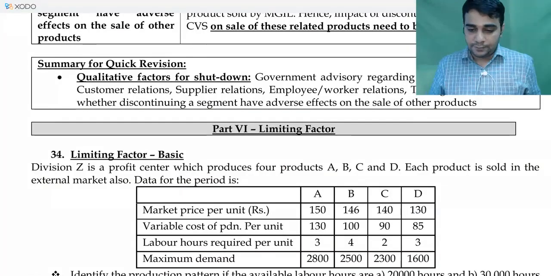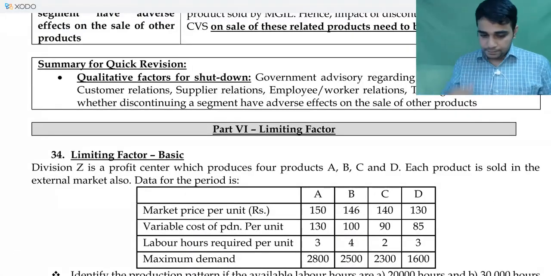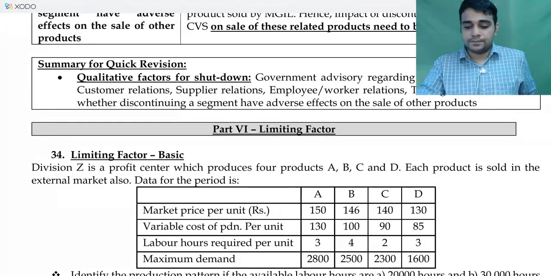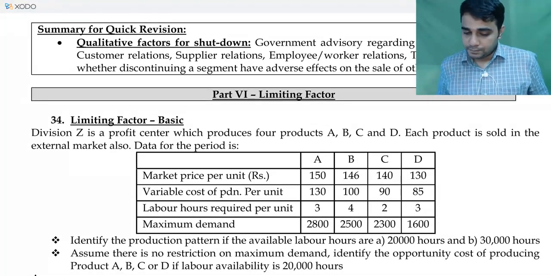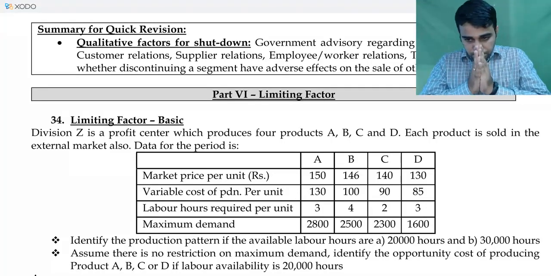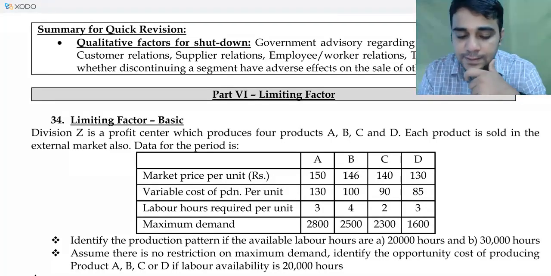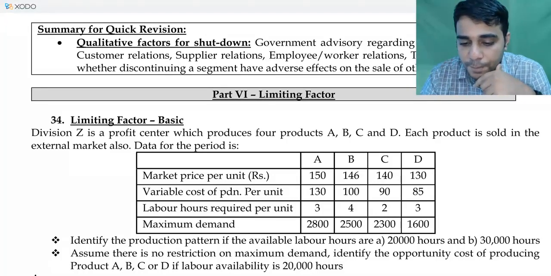Let's come to question 34, page 364. Division Z is a profit center which produces 4 products A, B, C and D. Each product is sold in the external market.